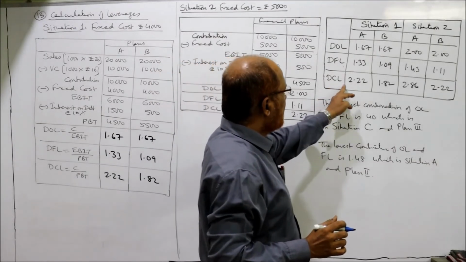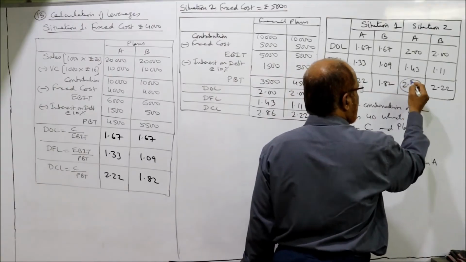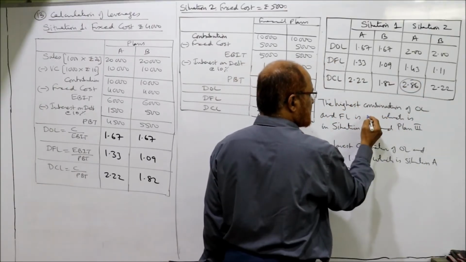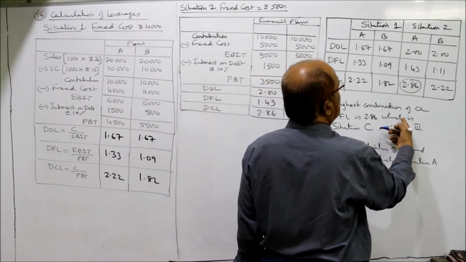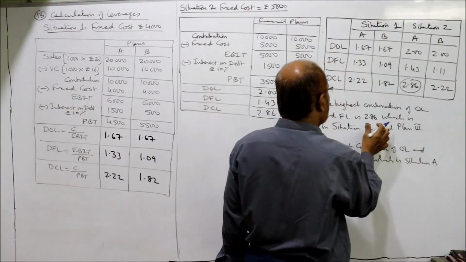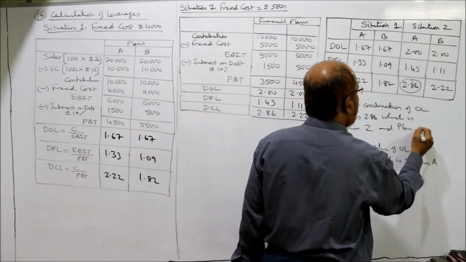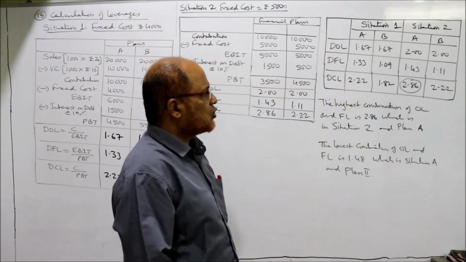The highest value of DCL is 2.86. The highest combination of OL and FL is 2.86, which is in situation 2 and plan A. Situation 2, plan A, we have the highest value 2.86.